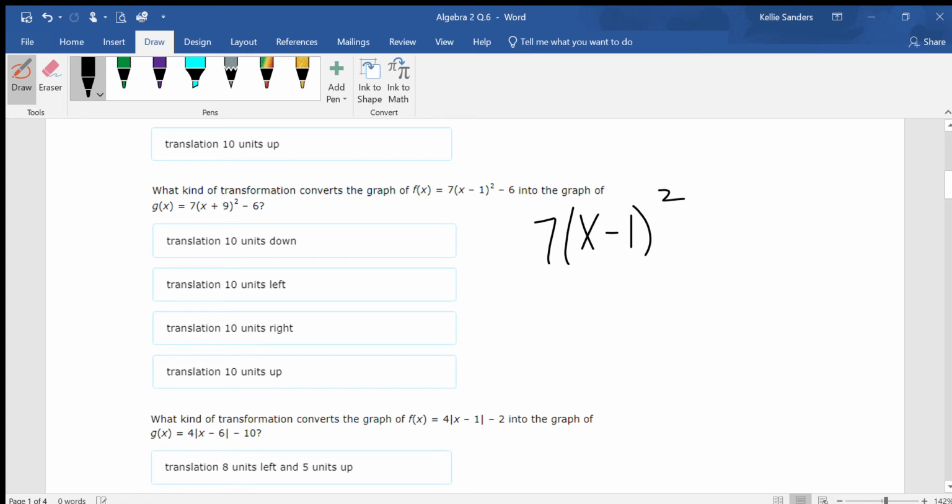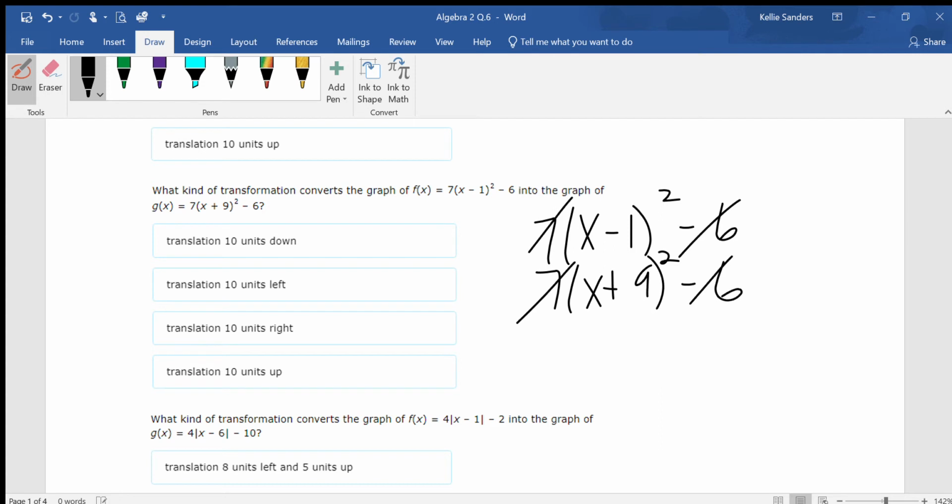7(x minus 1) squared minus 6. 7(x plus 9) squared minus 6. The 7's are the same, the 6's are the same. What happened is we are here. Let's think about this. If this is negative 1, that really means you're at positive 1 on the x-axis.